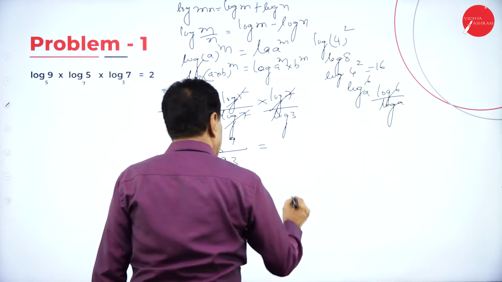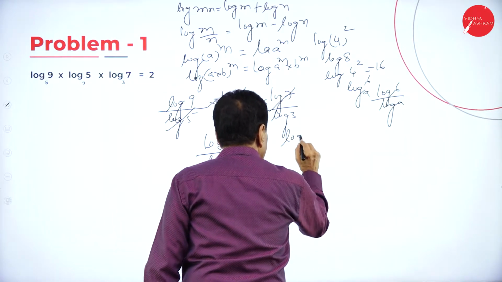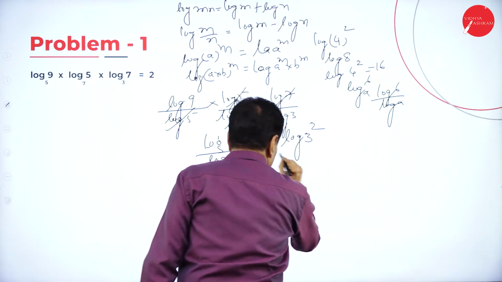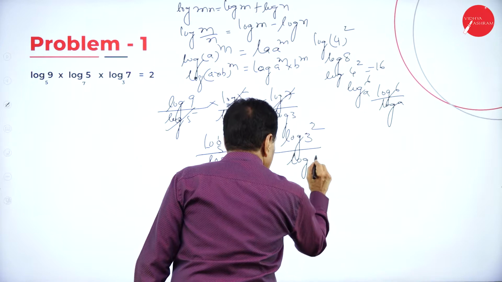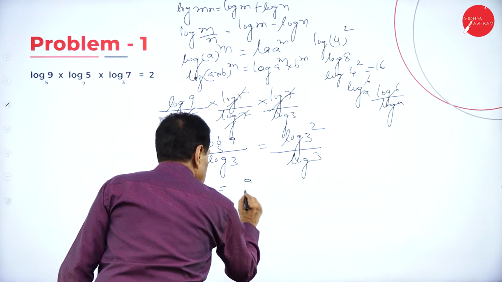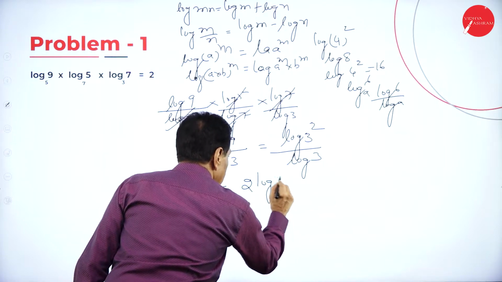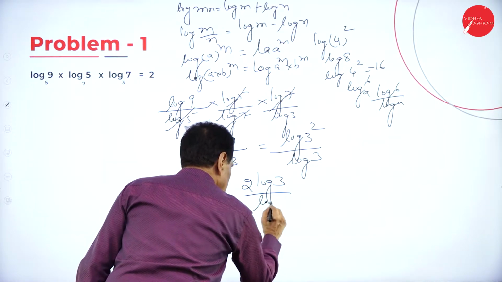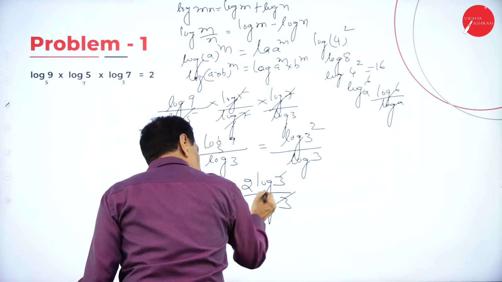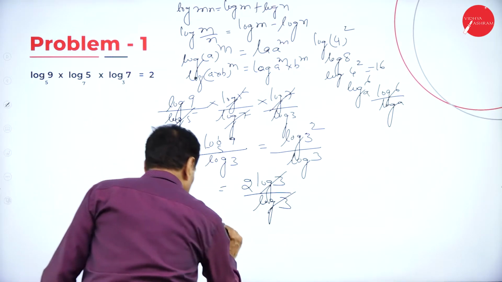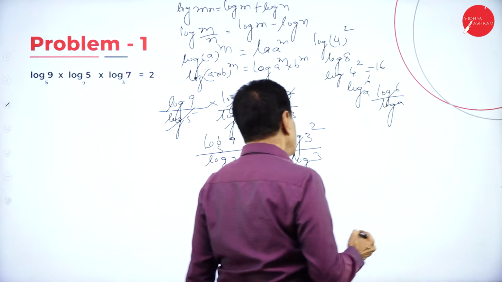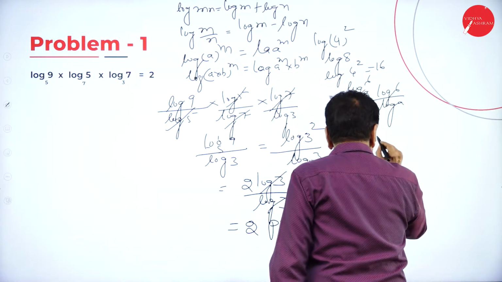Log 9 can be written as log 3 square divided by log 3. Log 3 square can be written as 2 log 3 divided by log 3. Cancel log 3, log 3. What is left out? 2.